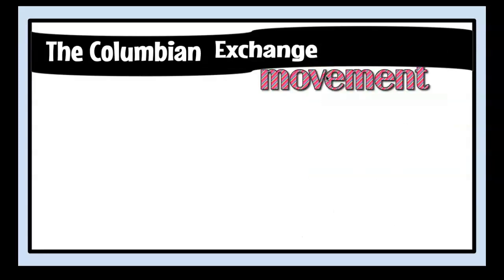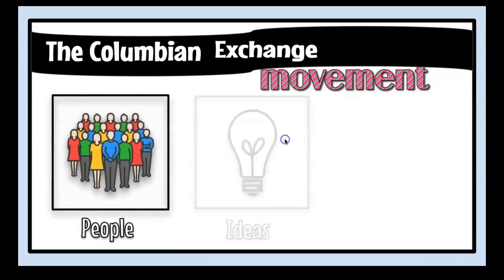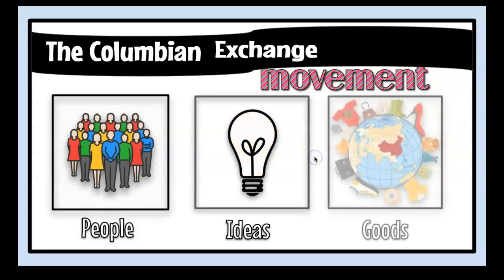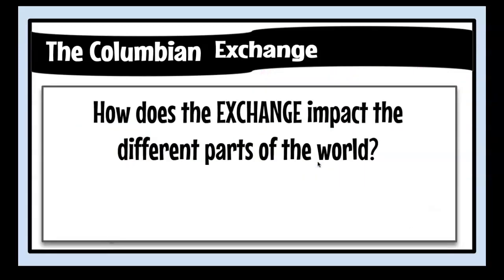Okay, so for the Columbian Exchange, it's really just a movement. It's a movement of people, a movement of ideas, and a movement of goods back and forth between the Old World and the New World. So we're going to go into some of the things that were exchanged.